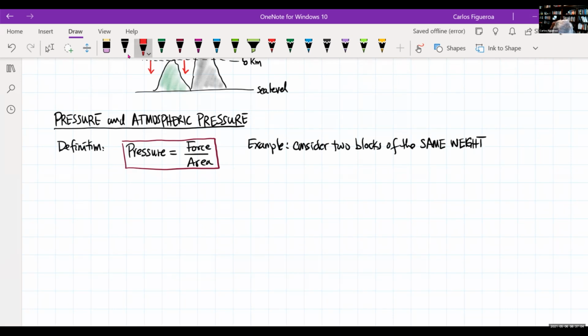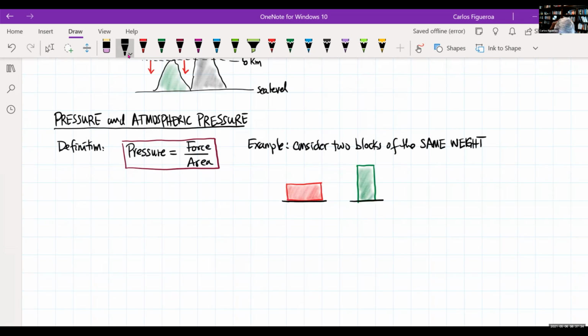Let's say I have a block that looks like this. It's two squares. And then the other one, I'm going to stand up. So they both weigh exactly the same amount. And I'm going to put them on a table.